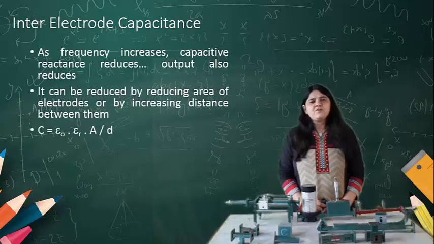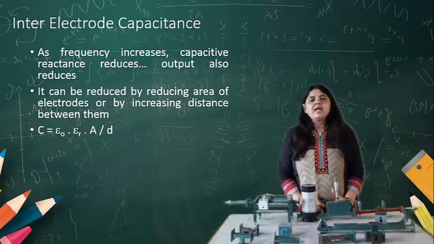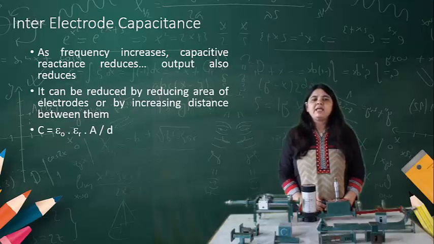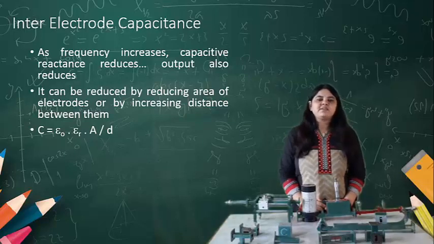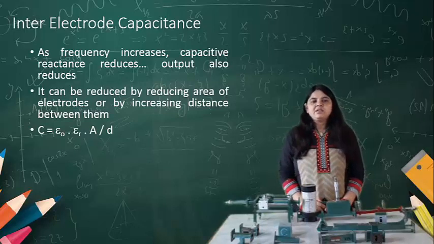Now first of all, what is the meaning of the inter-electrode capacitance? As we know, as the frequency increases, the capacitive reactance reduces, and due to that the output produced also reduces. So this inter-electrode capacitance we want to reduce, by reducing the area of the electrode or by increasing the distance between them, so the capacitance value can be reduced.